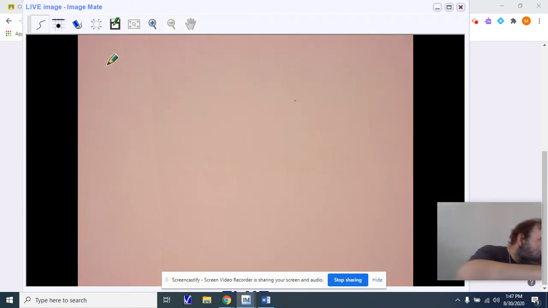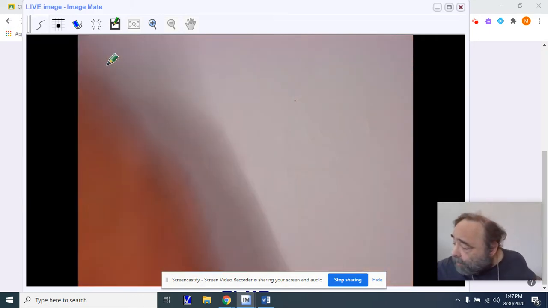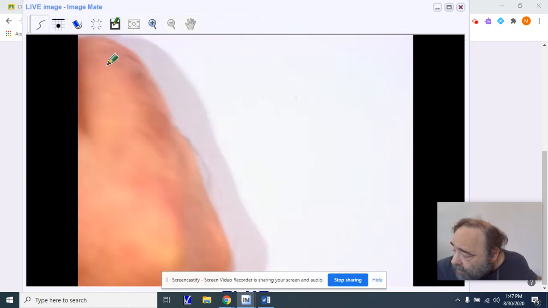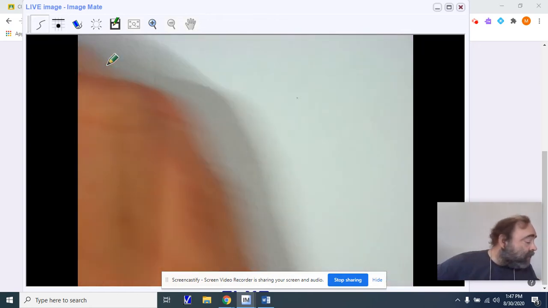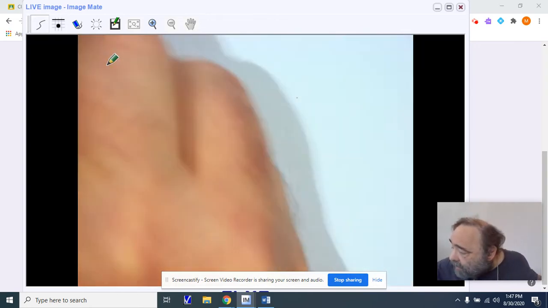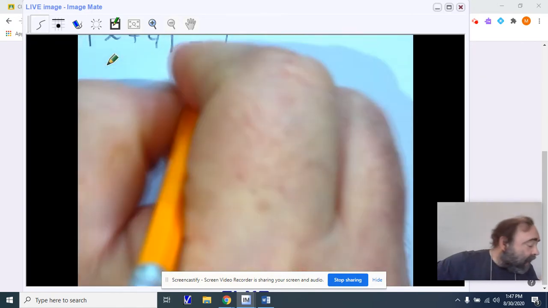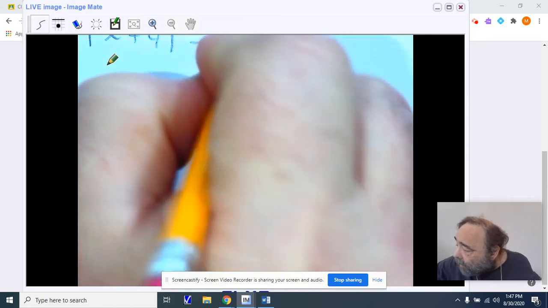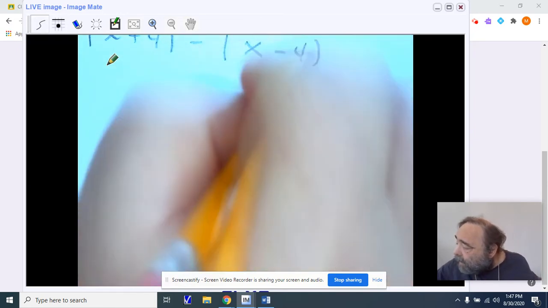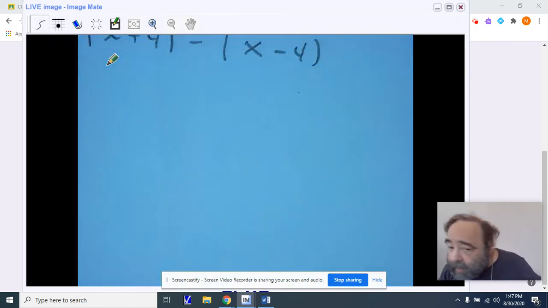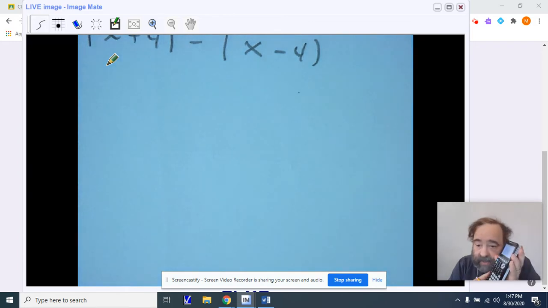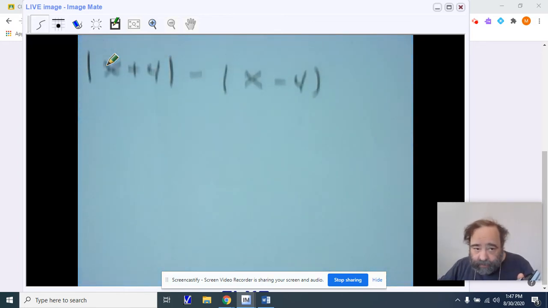Now, it doesn't matter which questions we have. For example, let's take a look at a more difficult function, f of x equals the absolute value of x plus 4 minus the absolute value of x minus 4. Now, please be aware that we're going to put this into our graphing calculator.